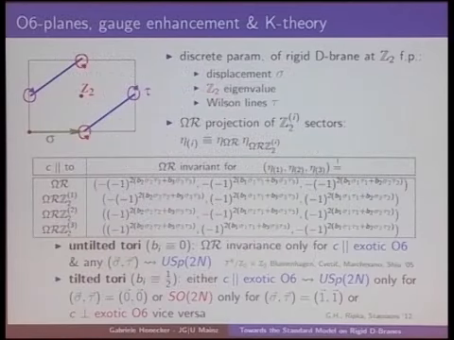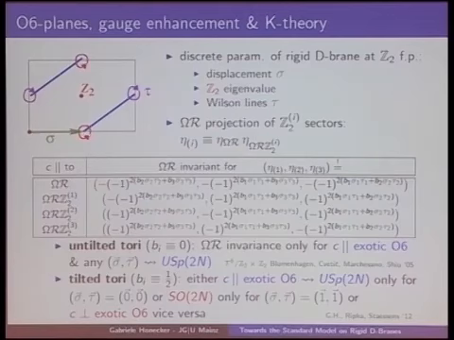So to give you some details on how the model building proceeds, let's talk about an example where you get gauge enhancement. So a rigid D-brane, as I said, is stuck at Z2 fixed points, where you have here 4 inequivalent fixed points, and you have a set of discrete parameters. First of all, the brane here is not passing through the origin, so I have a displacement from the origin.